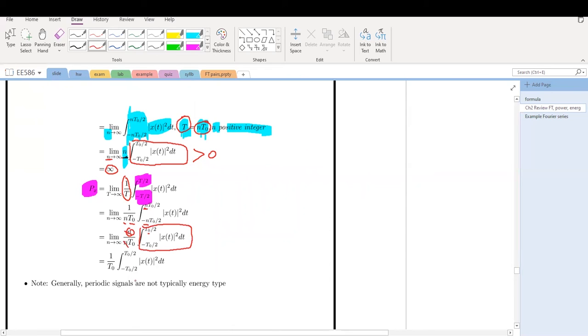The n and n now cancel out each other. The power is the one-period integral of the magnitude squared divided by the period. This is a finite number. So therefore, a periodic signal is a power type signal.